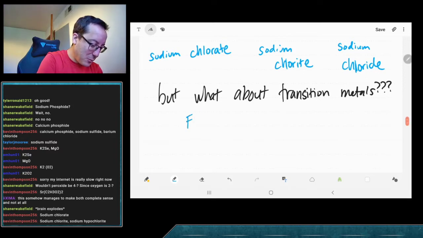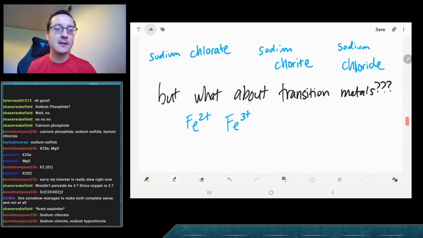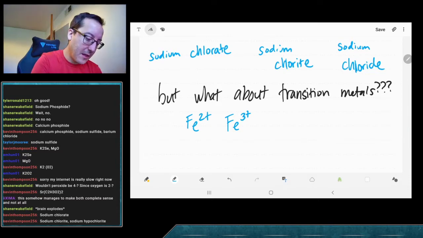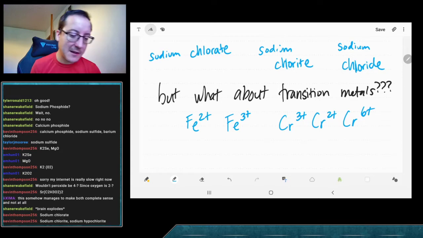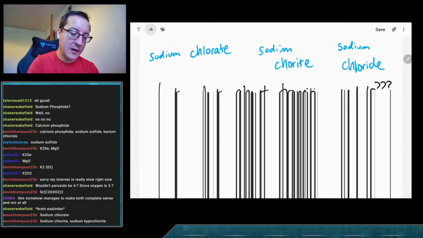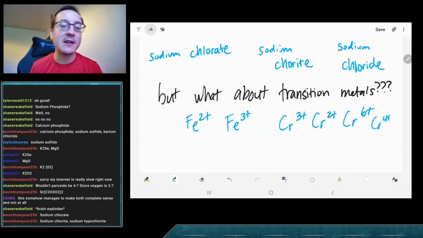For example, iron very often occurs as these two ions. Or something like chromium, which often occurs as one of these ions. There's a whole bunch. Chromium also goes to 4+. It just depends on the environment that it's in or how it's been treated.